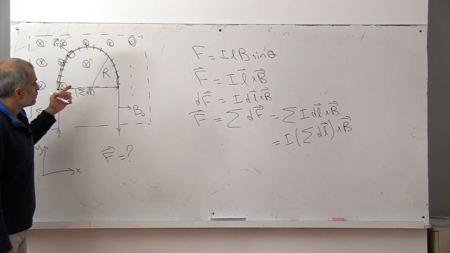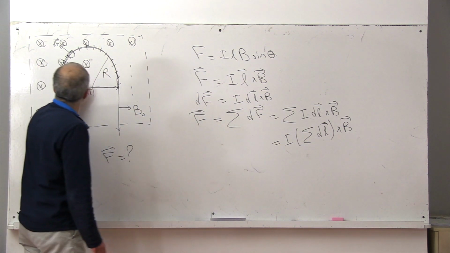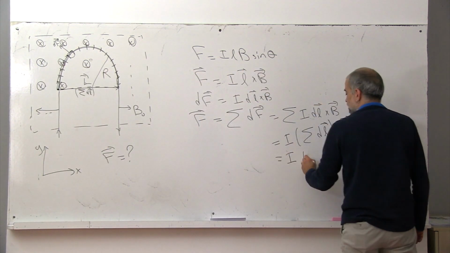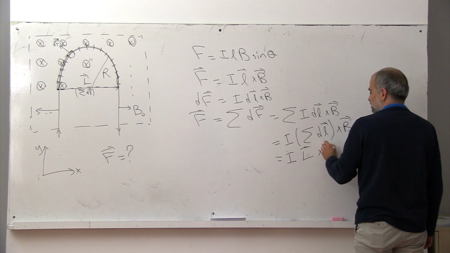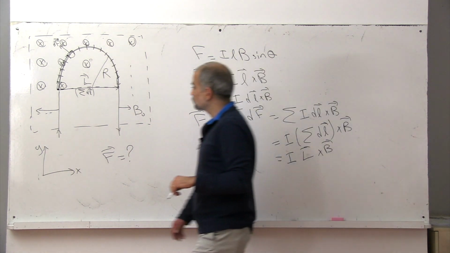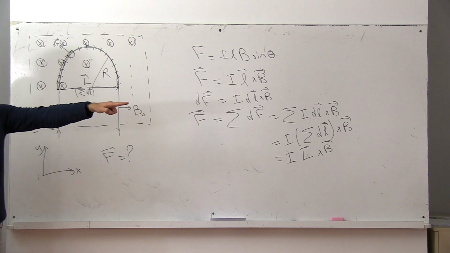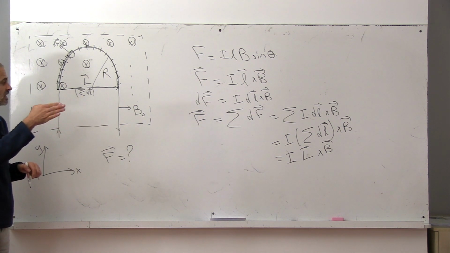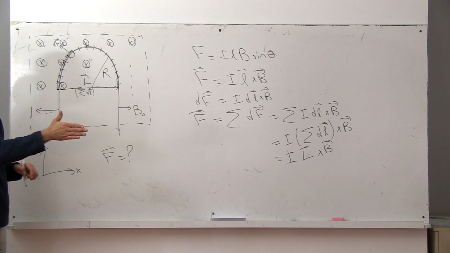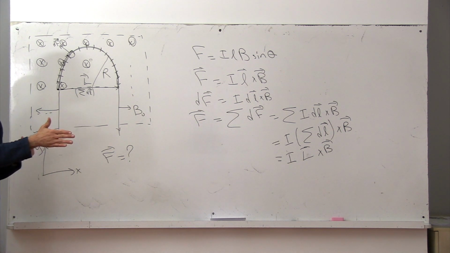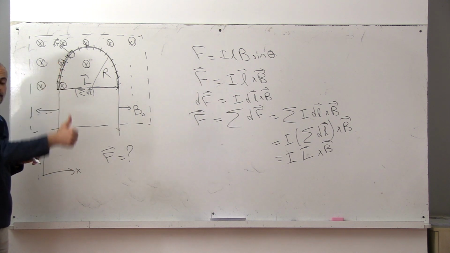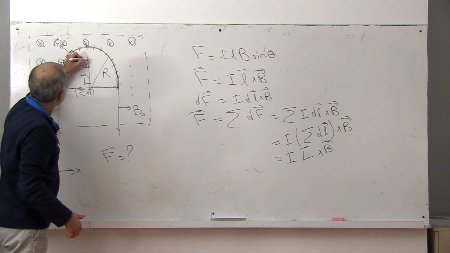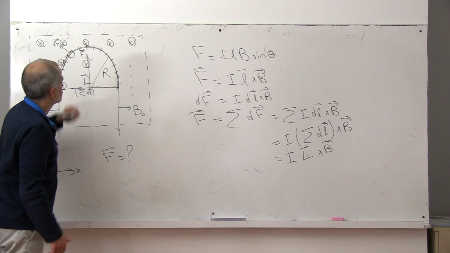Now, let me call that large L. So the force is I times that large L cross B. Now, L cross B, L is pointing in that direction. B is into the screen, so I point my four fingers in the direction of L, such that my palm is somewhat pointing in the direction of B, then my thumb points in the direction of L cross B. So this is the direction of the force.